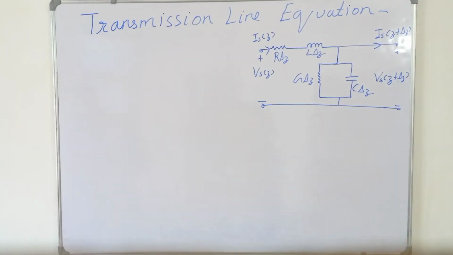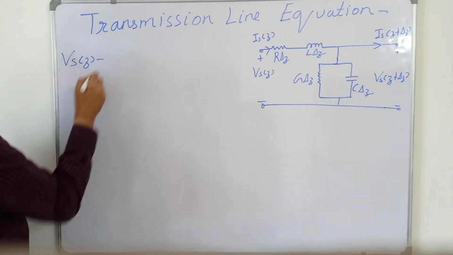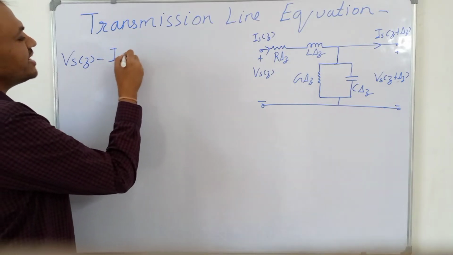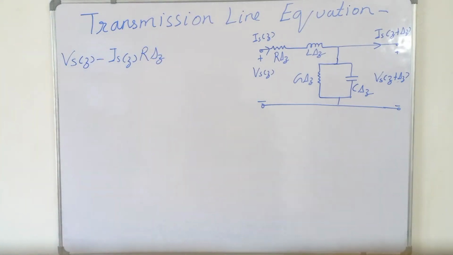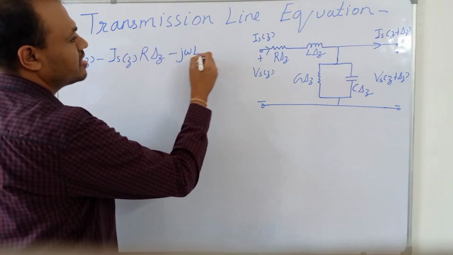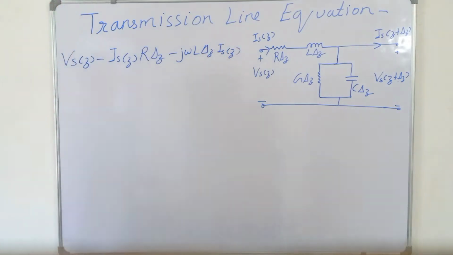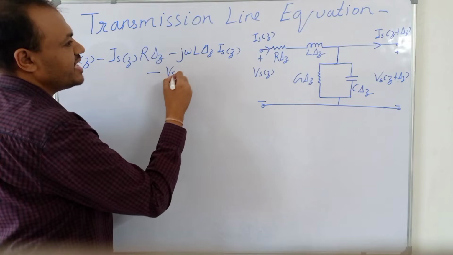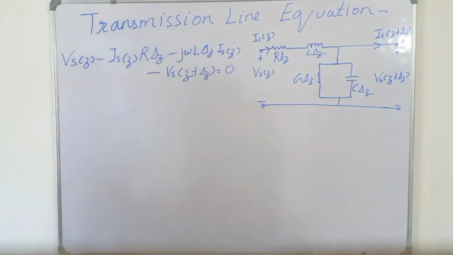If we apply KVL in the outer loop, then we can write Vs of Z minus Is of Z into R delta Z minus j omega L delta Z into Is of Z minus Vs of Z plus delta Z equal to 0. This is the KVL in the outer loop.